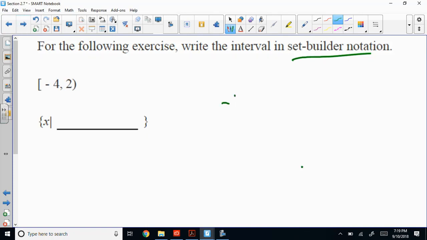So if I put -4, x, and 2, we know this has to happen, right? That's guaranteed. That's at a minimum. Because this has a bracket, it will get a line underneath, so it'd be greater than or equal to, right? And then this one will not get it because of that. So this is what it will look like.